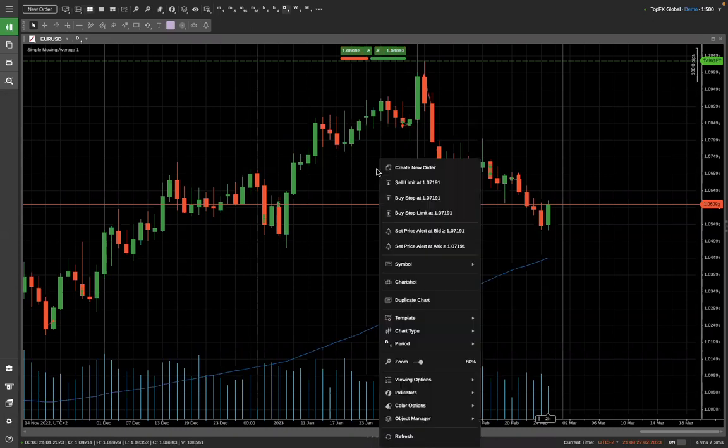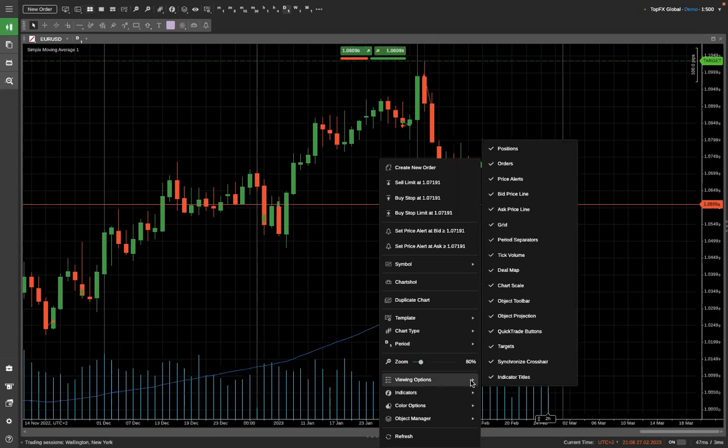Let me get rid of all the things on the chart that can be a little bit confusing. Let me remove the positions, the orders and price alerts, and that's it. Okay, let me remove the past position, and what else do we have?